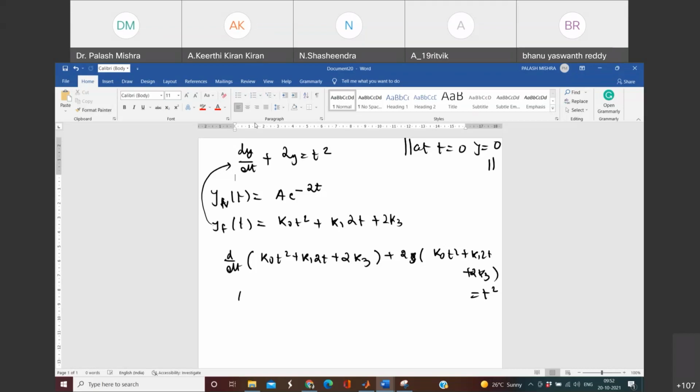Please tell me the values of k naught, k1 and k3, or k2 you can write it as, by equating the coefficients of the same terms on both the sides. Whatever it is, please tell me these values by equating the coefficients. I'm giving you 1 minute.